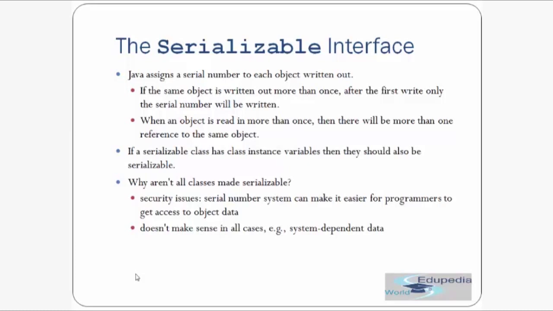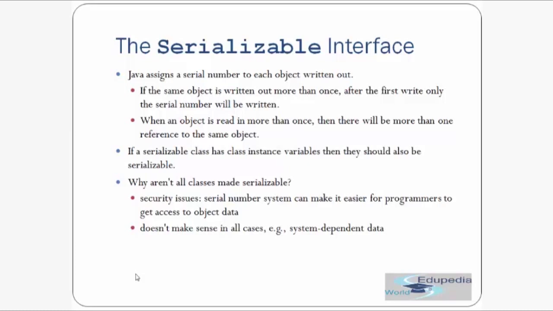If a serializable class has class instance variables, then they should also be serializable. Why aren't all classes made serializable? Well, the security issues. What is the security issue? The serial number system can make it easier for a programmer to get access to the object.